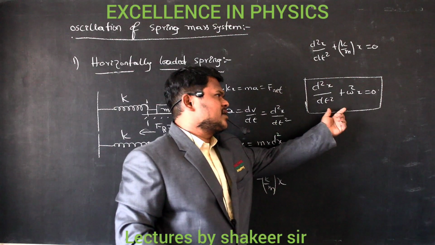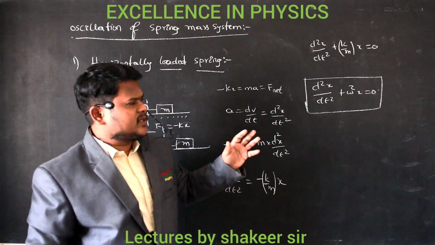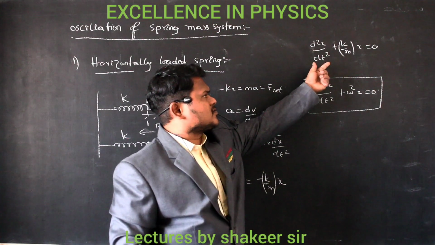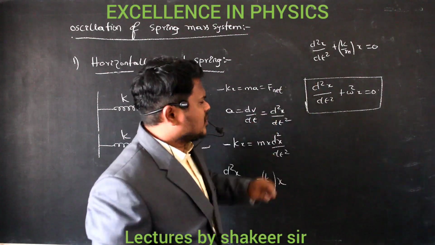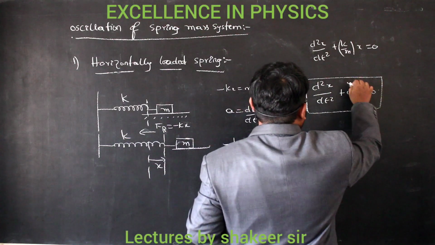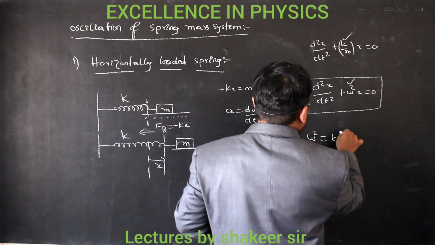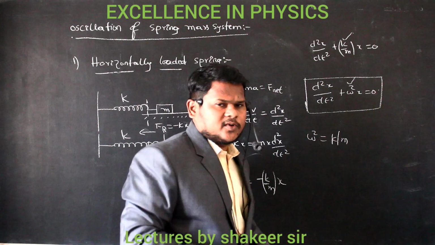If any function satisfies this condition, then we call that type of function simple harmonic motion. Clear? Now d square x by dt square plus k by m into x also looks like this equation. But what is omega? If I compare omega square and k by m, I can write omega square is equal to k by m, if this equation should also be simple harmonic in nature.